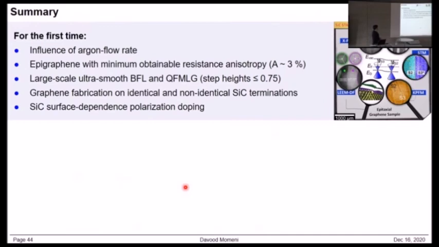I showed you we can get large area buffer layer formation, and we can turn it into quasi-freestanding graphene samples, homogeneous and large area. And we can have advanced growth control. We can grow graphene on identical or non-identical terminations. And I showed you the first experimental results of the silicon carbide surface-dependent polarization doping.